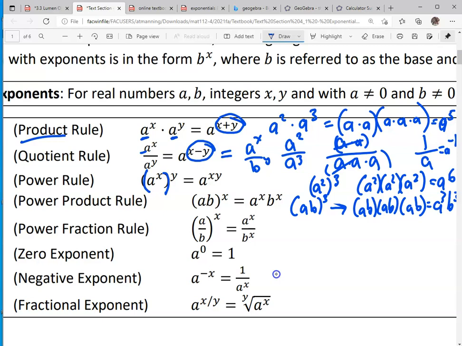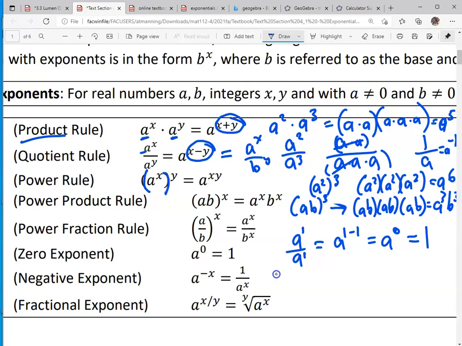Or a to the first divided by a to the first is equal to, using the quotient rule, a to the 1 minus 1 equals a to the 0 equals 1. So a to the 0 is not 0; think of it as a to the 1 divided by a to the 1, or 1.